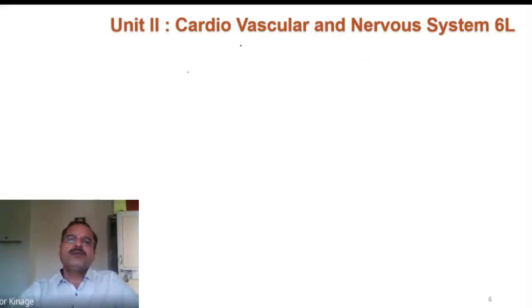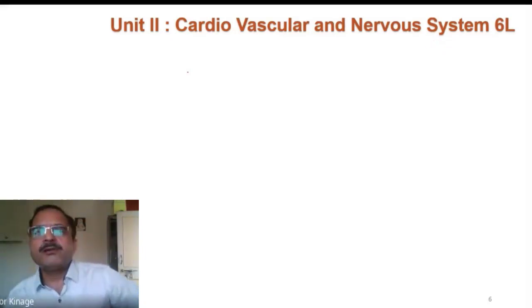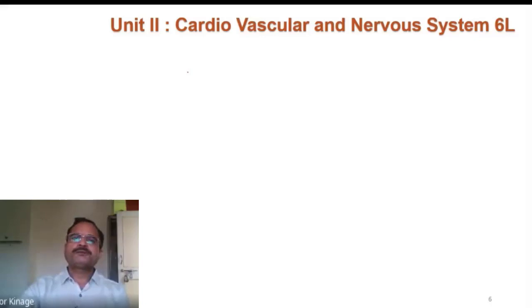Both these systems are very important. Cardiovascular is the system related to the heart, and the nervous system is related to the brain signals and the various nerves distributed throughout our body. Now, this system generates some electrical signals.